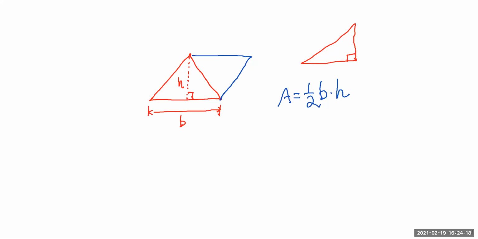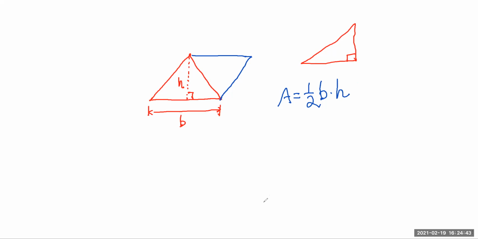Good. Now you know all the formulas: the square, the parallelogram, the rectangle, the trapezoid, and the triangle. Now perimeter actually is pretty easy. For perimeter you just add all the sides together.